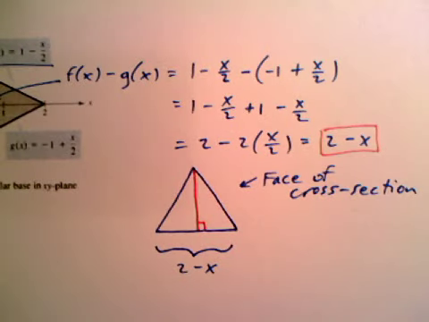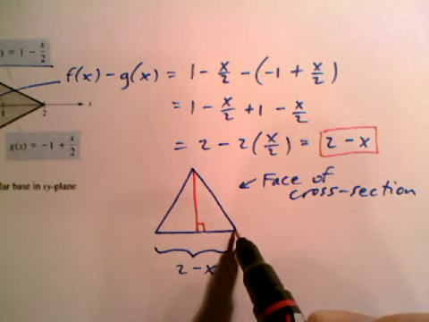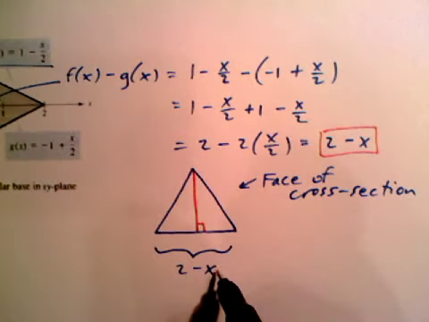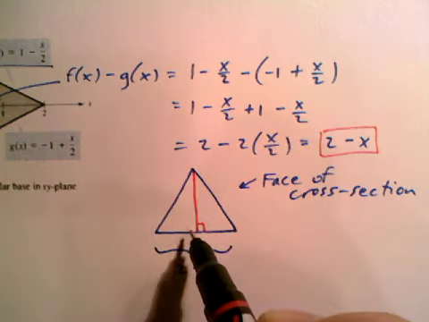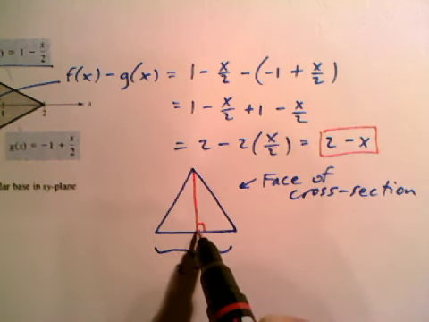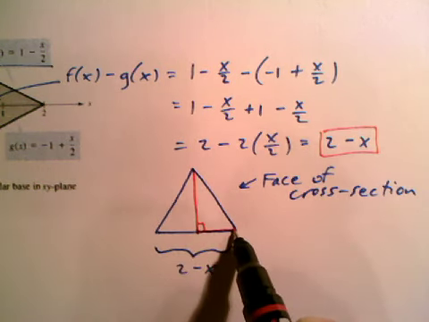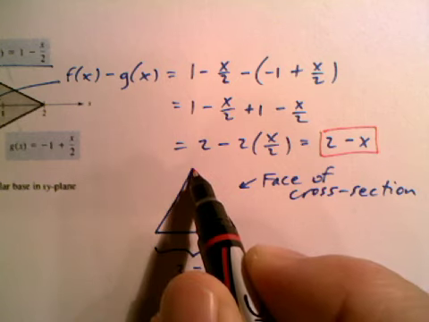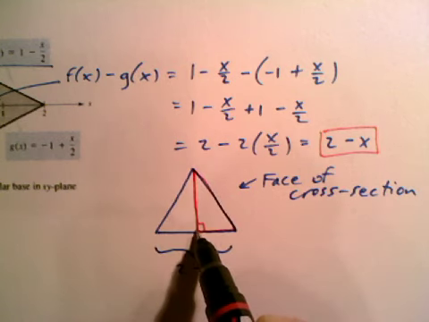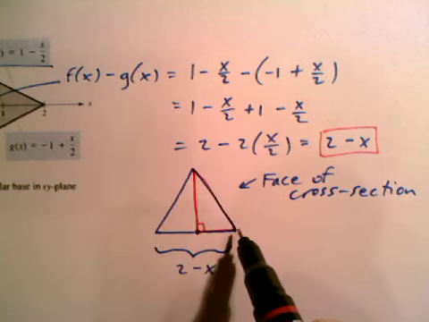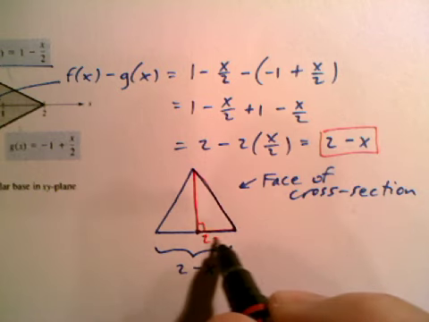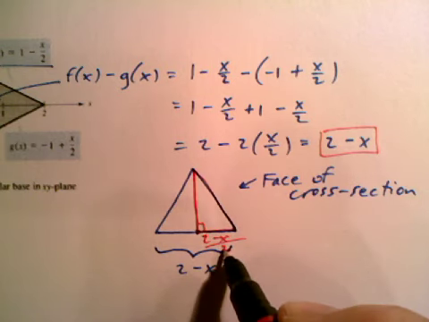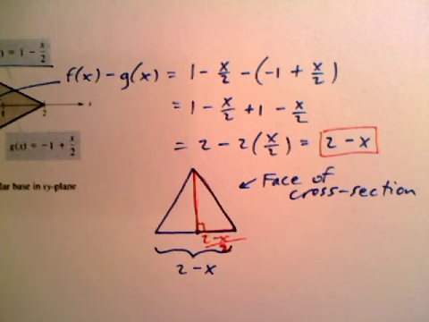This is where your geometry and algebraic skills come into play. If the length of this whole base is 2 minus x, then because this is an equilateral triangle, looking at just this triangle right here, the length from this point to this point is half, 2 minus x over 2. Hopefully you can see that.